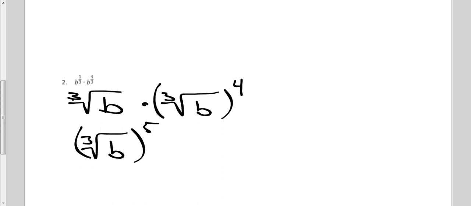How many cube roots do I have to multiply by themselves to get me a single b? 3, right? The cube root of b times the cube root of b times the cube root of b gets me b. How many do I got left over? I got 2, right? So this equals b times the cube root of b squared.